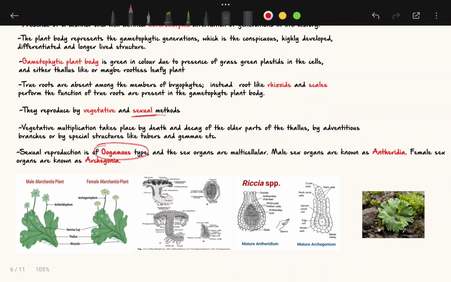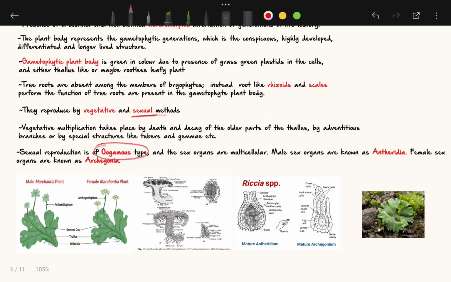The male gamete, which is the sperm, is smaller in size, and the female gamete, the egg, is larger. The male gamete has flagella, which means it is motile, and the female gamete is immobile. It is unable to move.